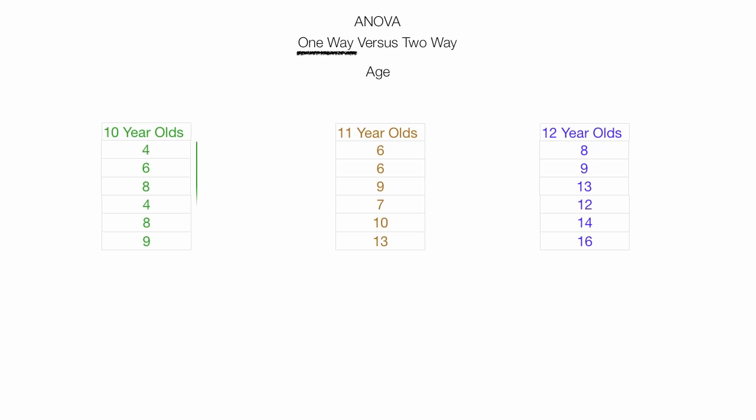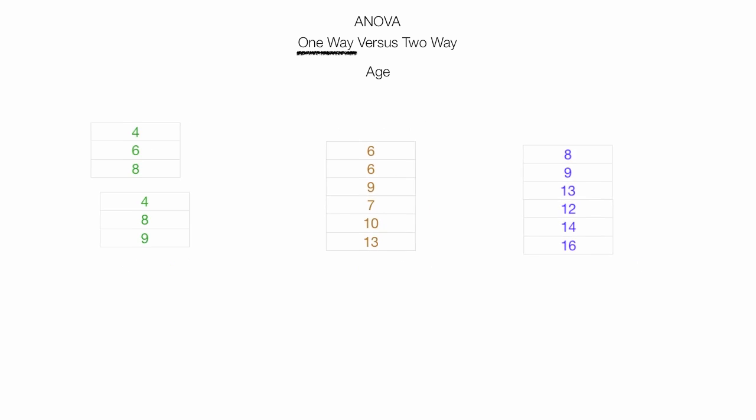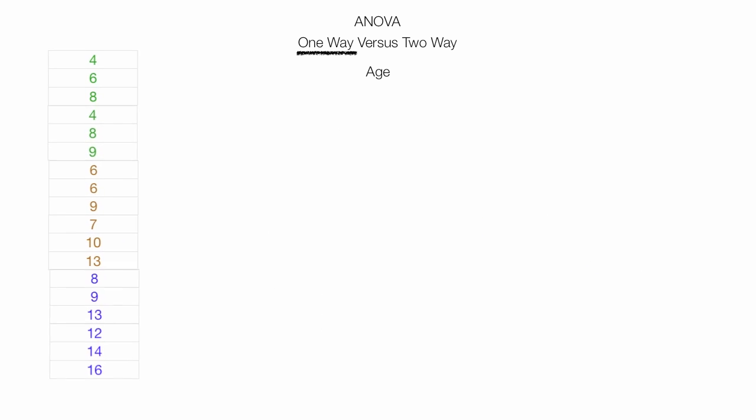I would take the average test scores of the 10-year-old group, the average of the 11-year-old group, and also the average of the 12-year-old group. And I'd compare these back and forth, of course. I'd also look at the group as one big large group, and I would take the total average of the entire group, which is equal to 9, by the way.